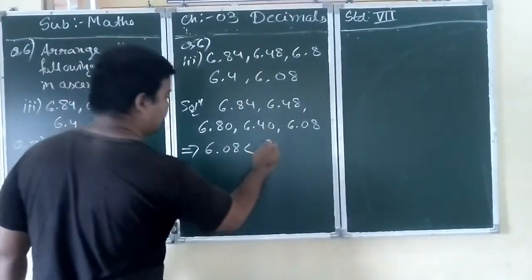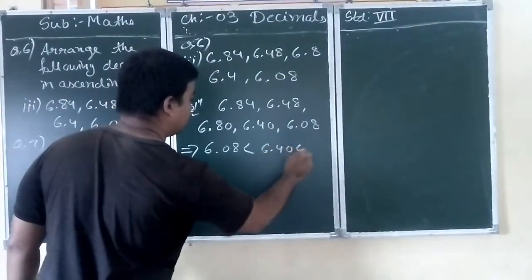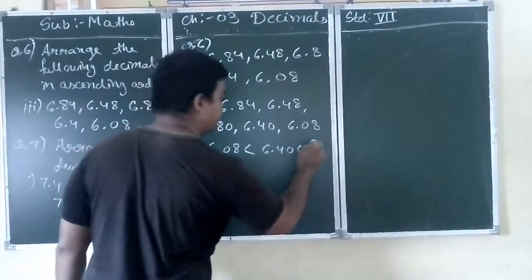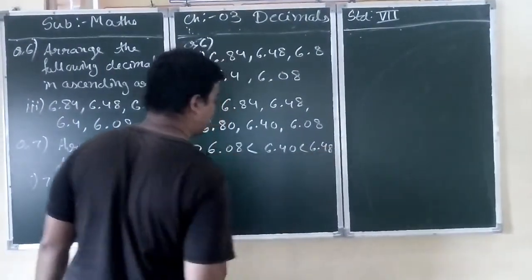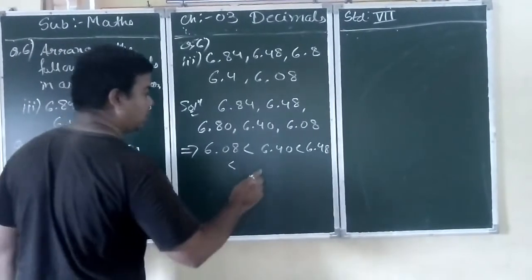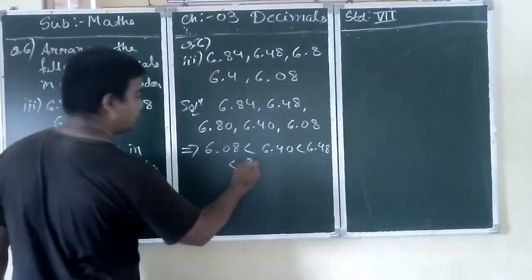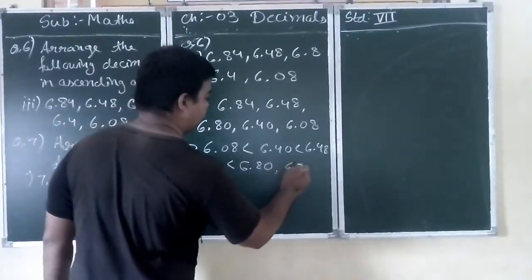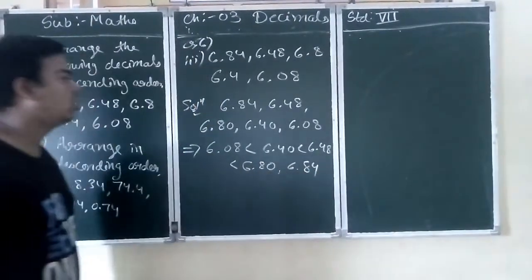Then 6.40, then 6.48, then 6.80 and 6.84.